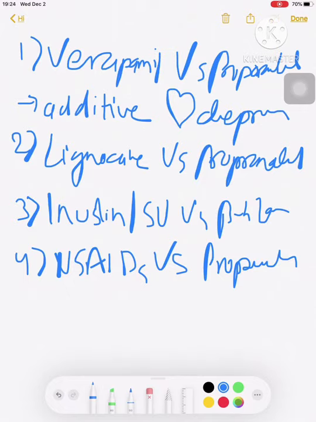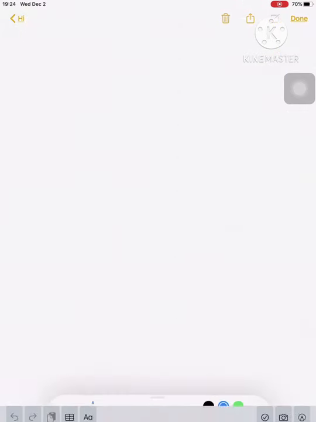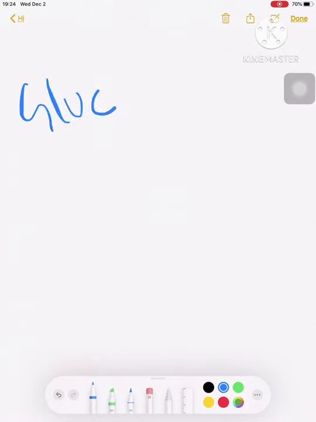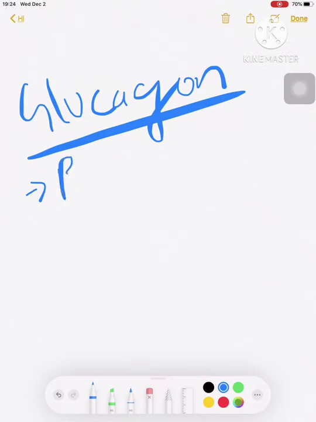Let me write it. Glucagon is used in beta blocker overdose. Why is it used? It has positive inotropic and chronotropic effect.